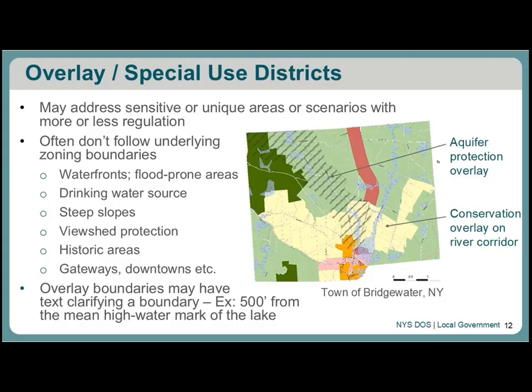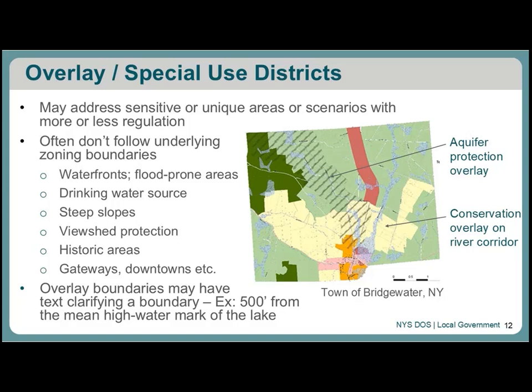And then your overlay protections or boundaries may have text that clarifies the boundary. So, an example like 500 feet from the mean high water mark of the lake or the shoreline. And a thing about overlay and special use districts, make sure that you check the narrative for any guidance on the boundaries of some overlay zones.